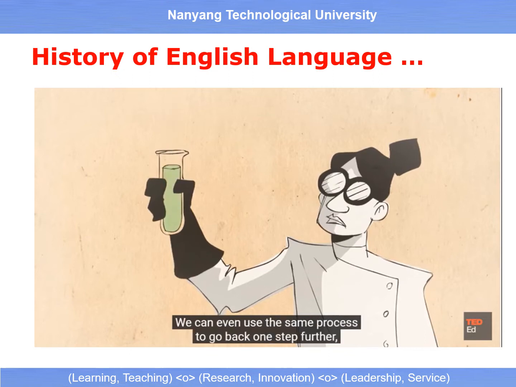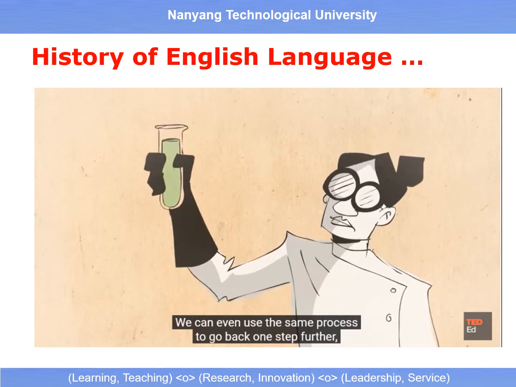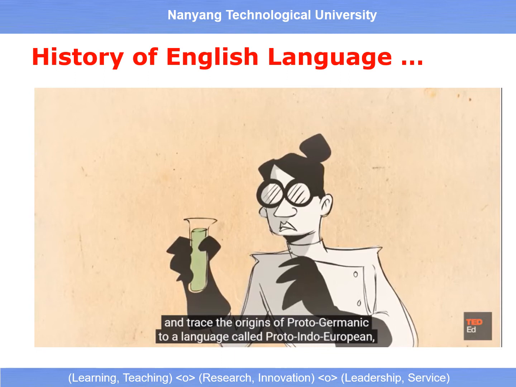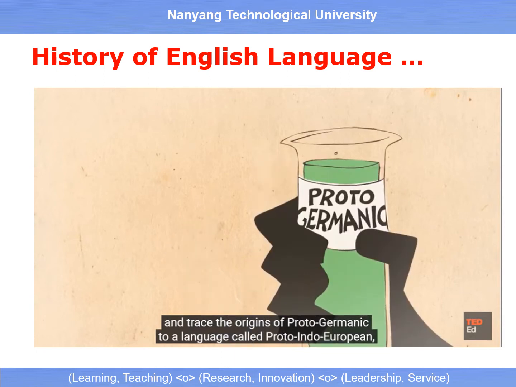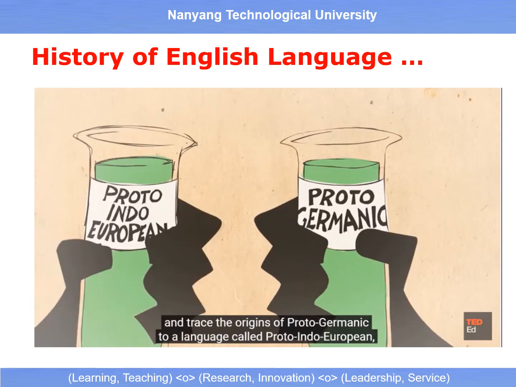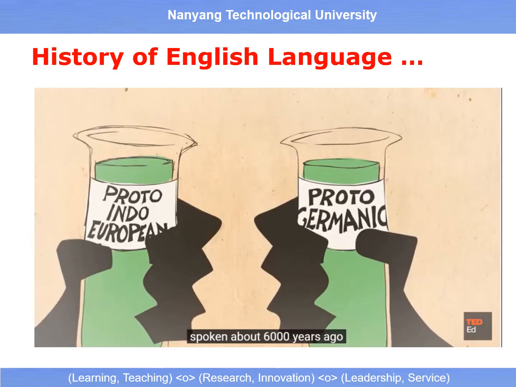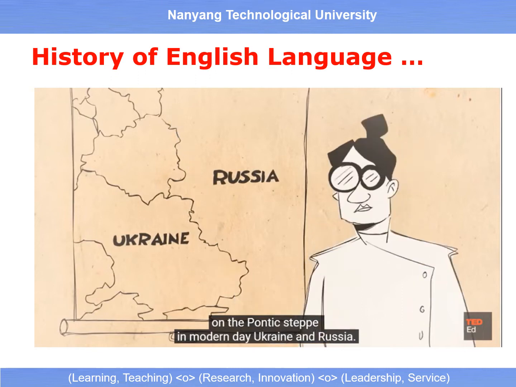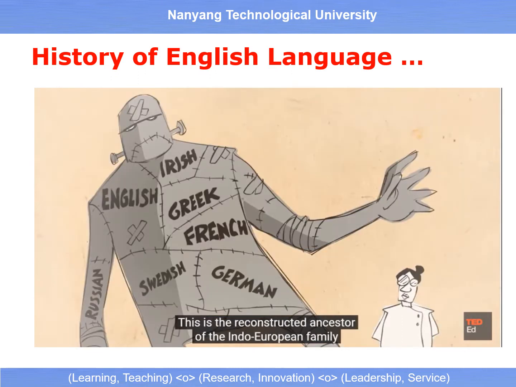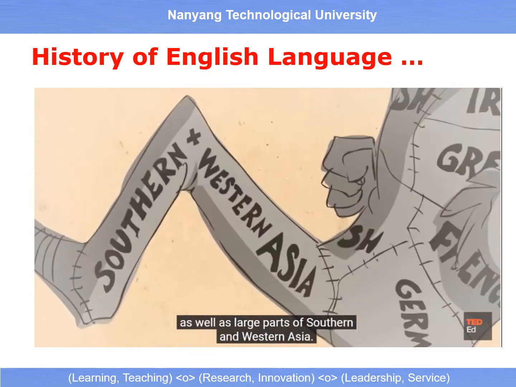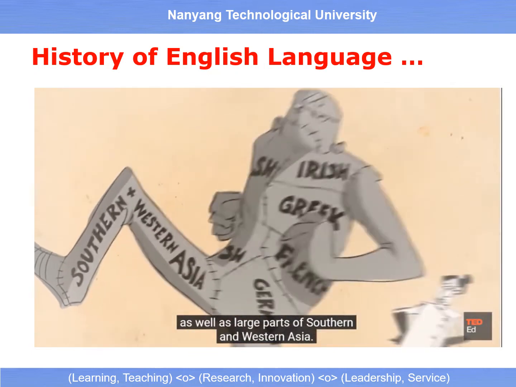We can even use the same process to go back one step further and trace the origins of Proto-Germanic to a language called Proto-Indo-European, spoken about 6,000 years ago on the Pontic steppe in modern-day Ukraine and Russia. This is the reconstructed ancestor of the Indo-European family that includes nearly all languages historically spoken in Europe, as well as large parts of southern and western Asia.